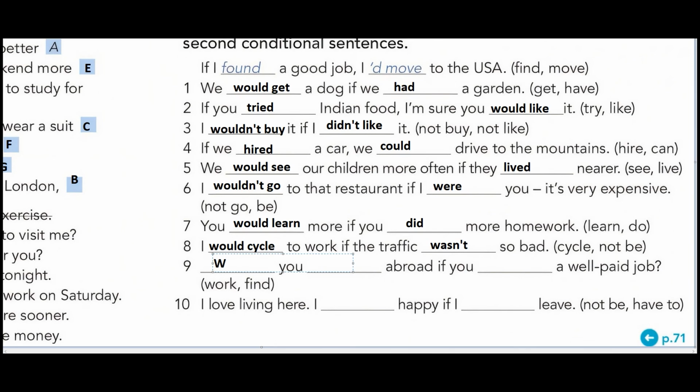Would you work abroad if you found a well-paid job? I love living here. I wouldn't be happy if I had to leave.